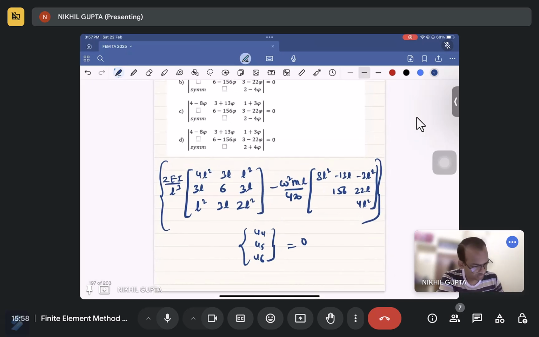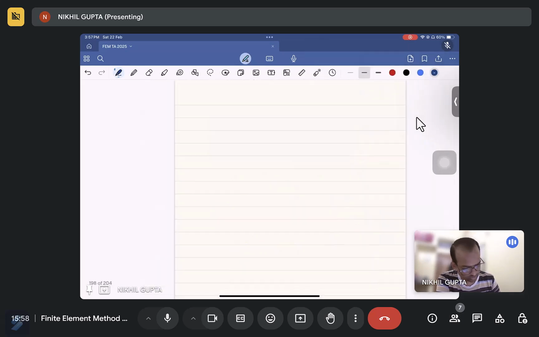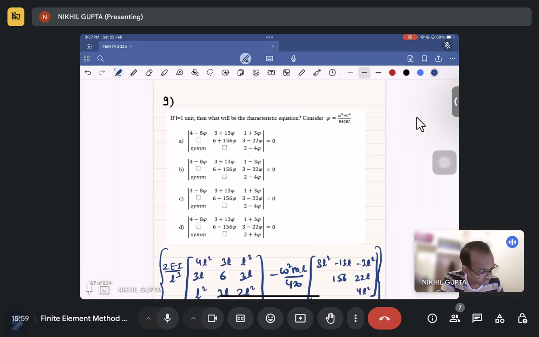So if we put the values of L and Q, no, we can reduce a little bit.